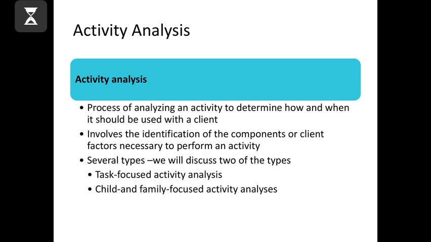Lots of client factors. And there are several types of activity analysis, and we're going to discuss two types that the textbook explains, and they are task focused activity analysis and child and family focused activity analyses. And we're going to look at those on the next slides.